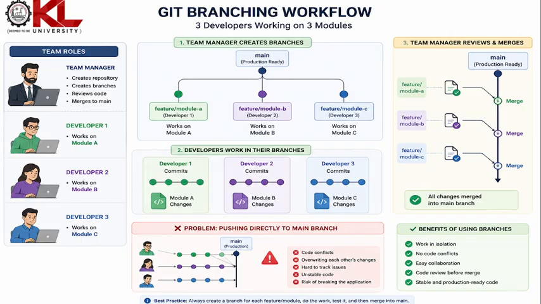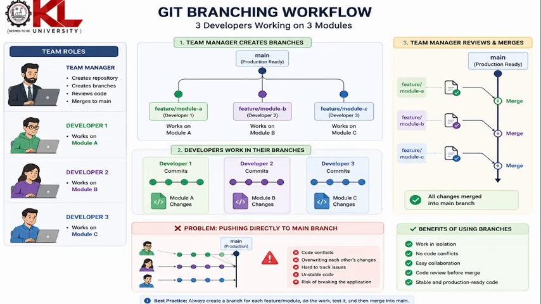Similarly, module C. If the team manager uses the Git branching functionality, multiple developers can work on their project simultaneously without affecting the main project.